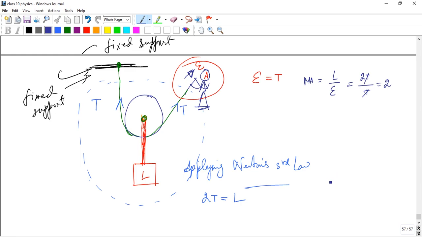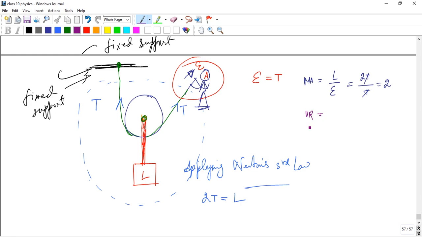Now, another important point here. What is the velocity ratio?